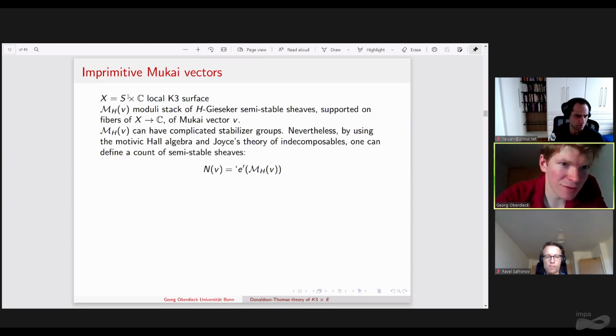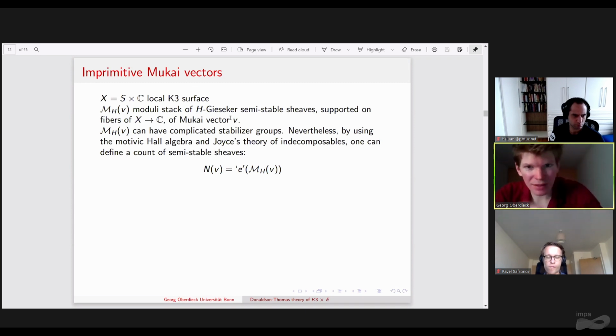You look at K3 surface times C, and then you look at the moduli stack of H-Gieseker semistable sheaves on this threefold, which are supported on the fibers of the map from X to C. So they're fiber-wise supported on this K3 surface, and you fix this Mukai vector, meaning you sum over all the Mukai vectors of the various sheaves in the support.